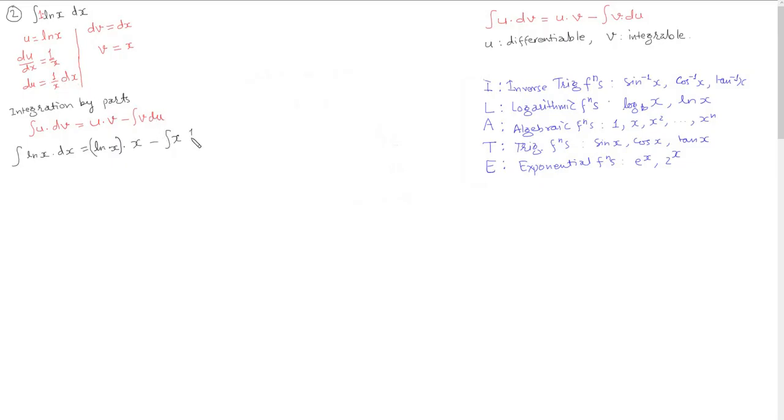So that's the 1 over x thing. So we get x times ln of x minus, x and x get cancelled, so we have integration of 1 dx. x times ln of x minus x plus c. So that's our answer.